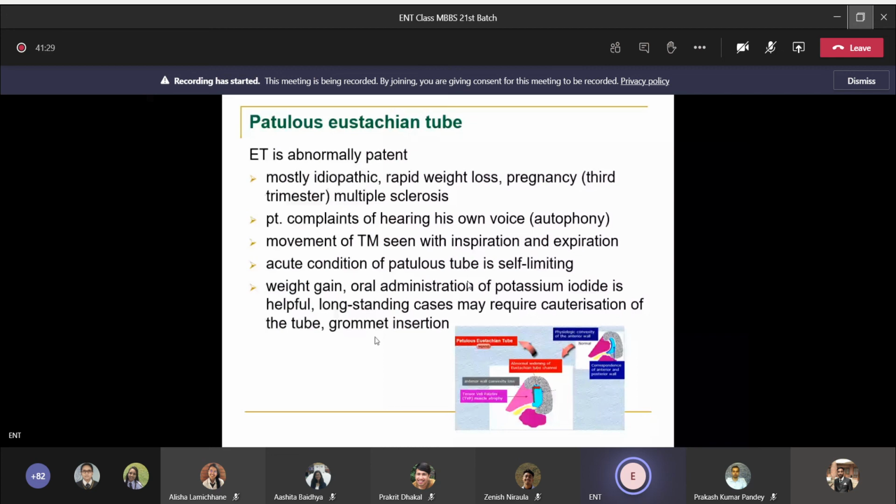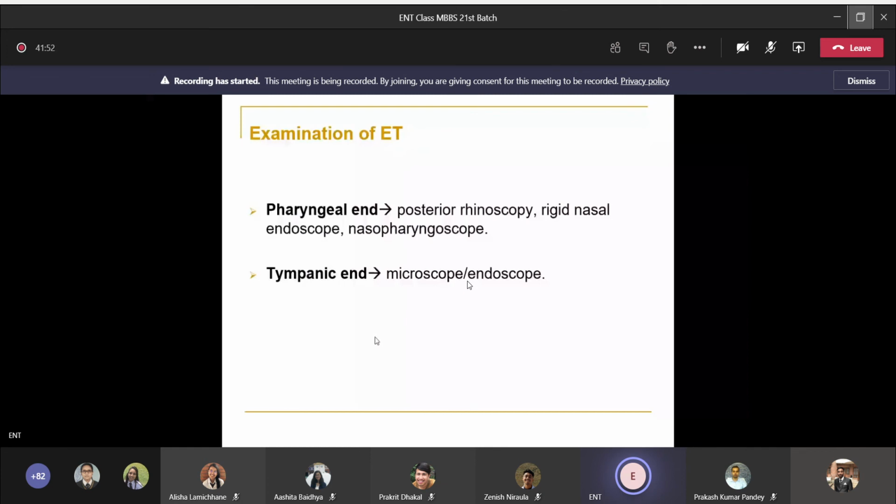The acute condition of patulous tube is self-limiting, and sometimes it can occur suddenly. With weight gain, oral administration of potassium iodide is helpful. Long-standing cases may require cauterization of the tube or grommet insertion, to maintain atmospheric air pressure in the middle ear.